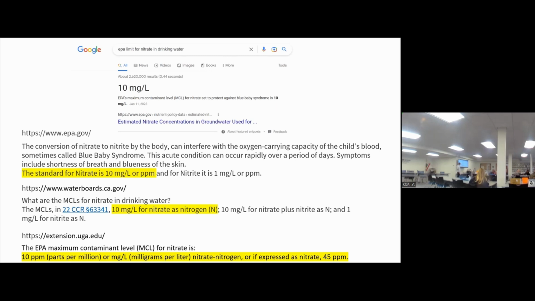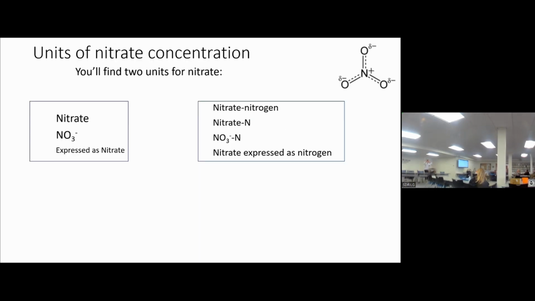Then I found another one from the University of Georgia extension, all reputable sources, right? Here they say 10 ppm or milligrams per liter nitrate-nitrogen, or if expressed as nitrate, 45 ppm. What the hell do they mean? If expressed as what? Nitrate as nitrogen. This has been historically confusing to me, which brings me to the infamous chicken theory, Jerry's chicken theory for units of nitrate concentration.